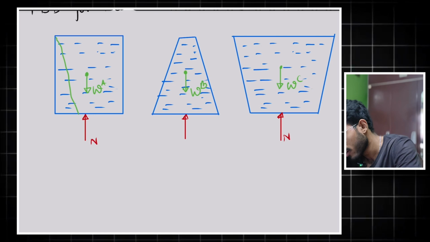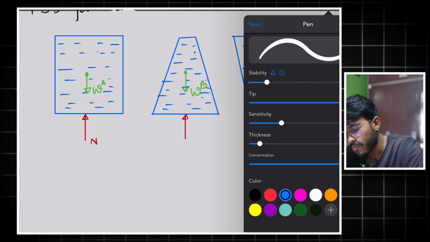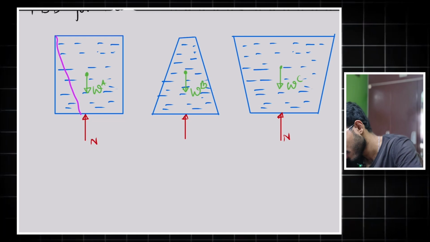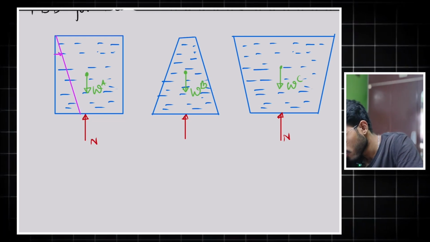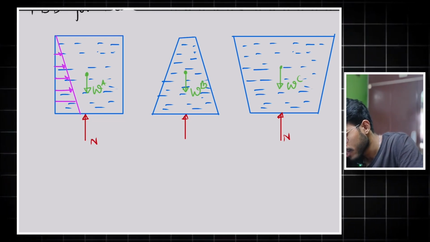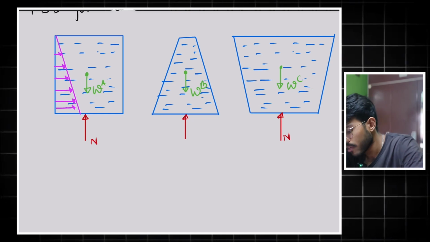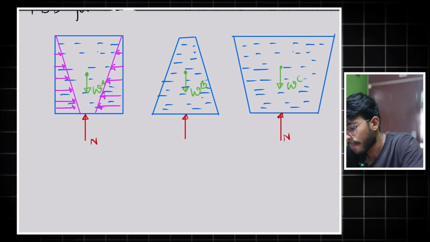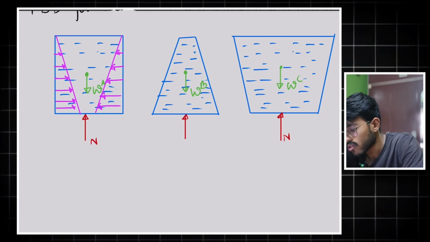Let me draw it with another color. So this is the pressure distribution. The same thing will be on this wall. Clear? The same thing will happen in this wall also.